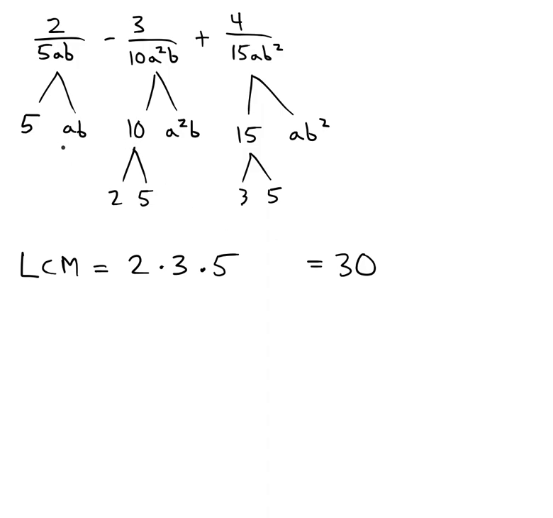So A appears once here, twice in the middle, and once on the right, so we got to keep 2 A's because you keep the most and you ignore the others. Here we've got 1 B on the left, 1 B in the middle, and 2 B's on the right, so we're going to keep B squared. Keep 2 B's. And that's how we find our LCM.